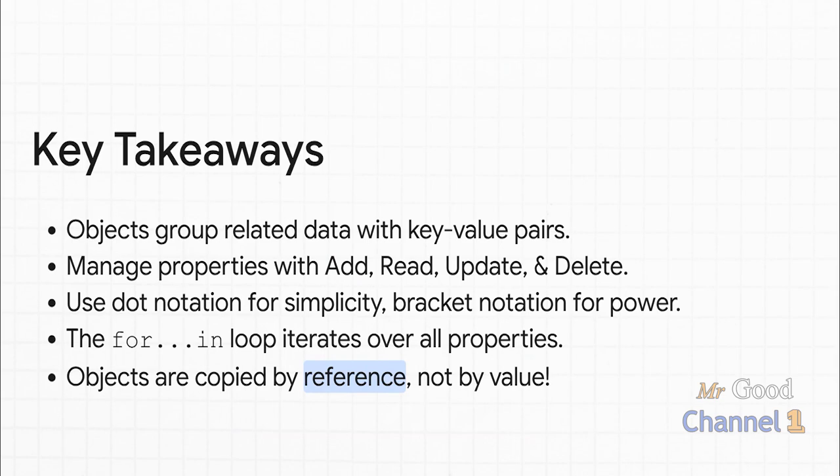Okay, let's wrap this up with the key takeaways. First, objects are all about grouping related data with key-value pairs. Second, you can manage their properties using those four CRUD operations. Third, use dot notation when things are simple, but use bracket notation for its dynamic power. Fourth, the for...in loop is your go-to for iterating over all the properties. And finally, the big one, objects are copied by reference, not by value.